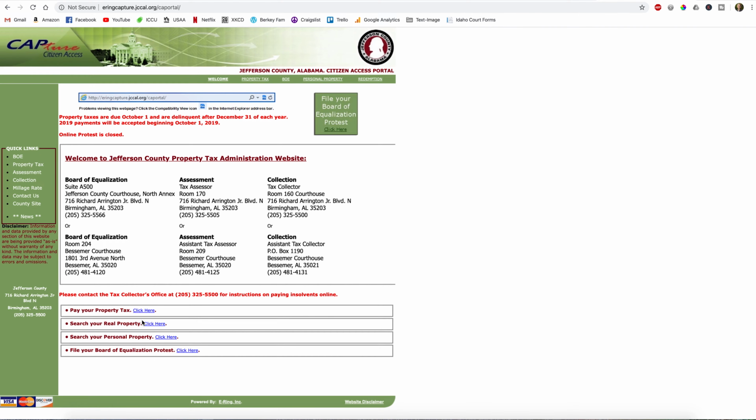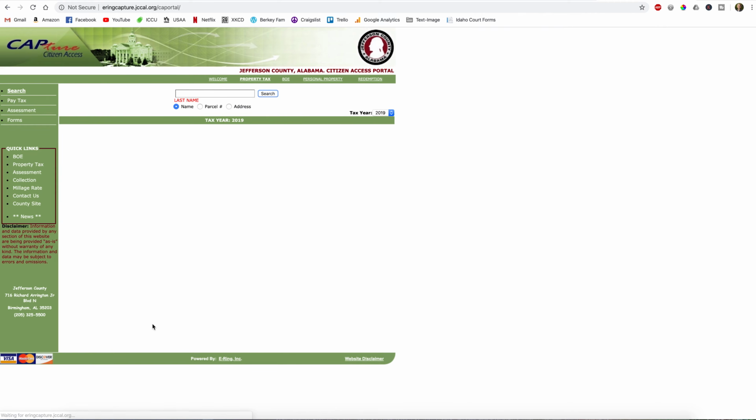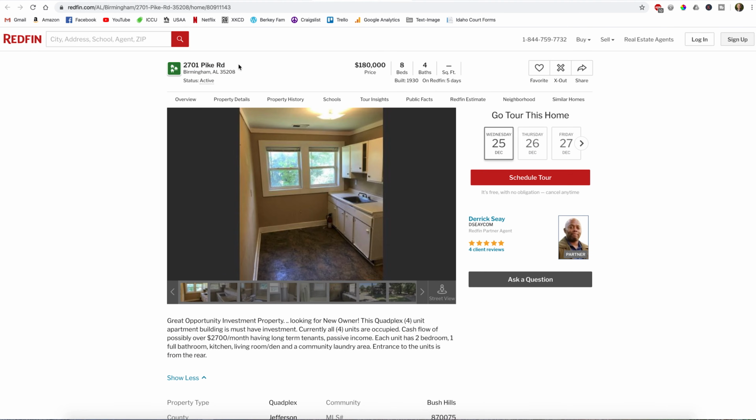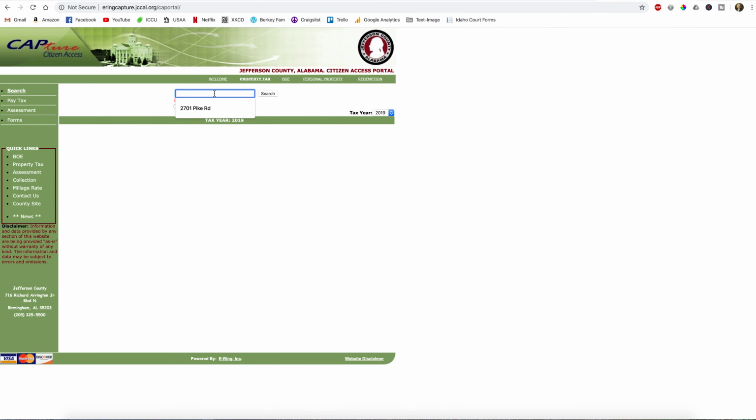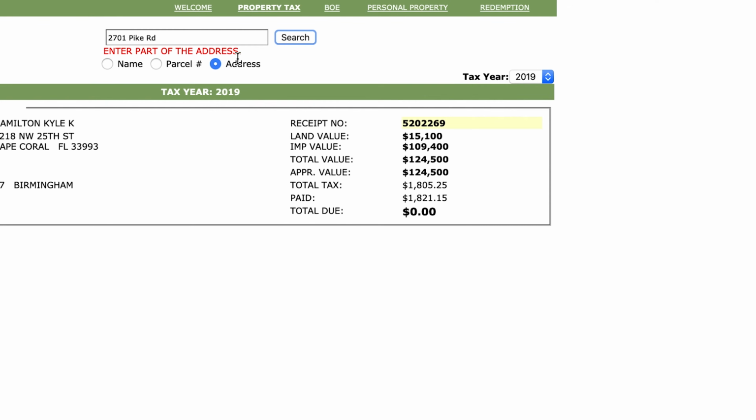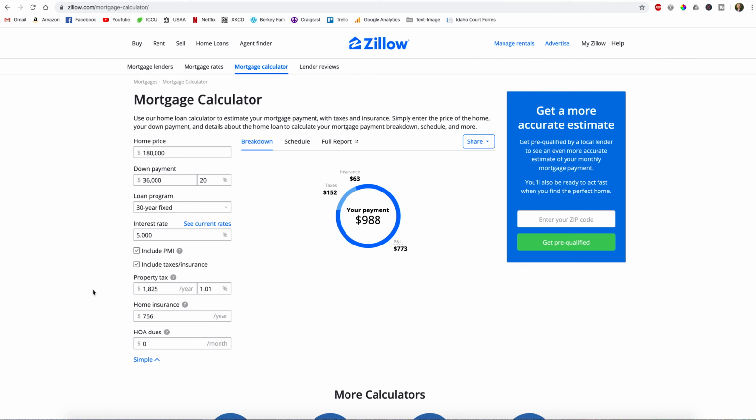Okay, so this is the county website. Let's search for your real property here. I don't have a last name or a parcel number, but I'm going to search by address, which was 2701 Pike Road. Okay, so total taxes looks like what's been paid is $1,821. So if we come back here, I'm just going to do $1,825 to be safe.